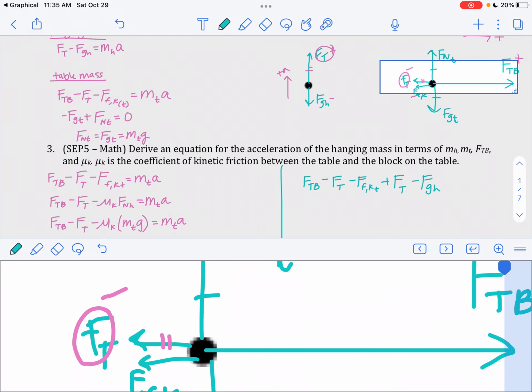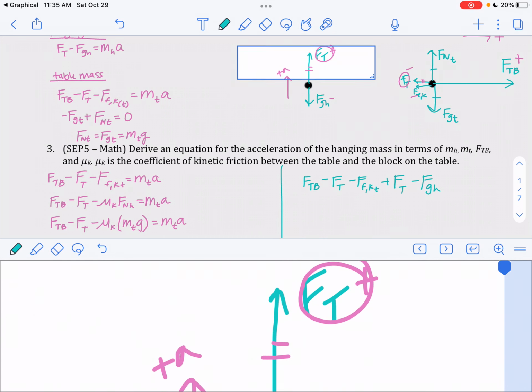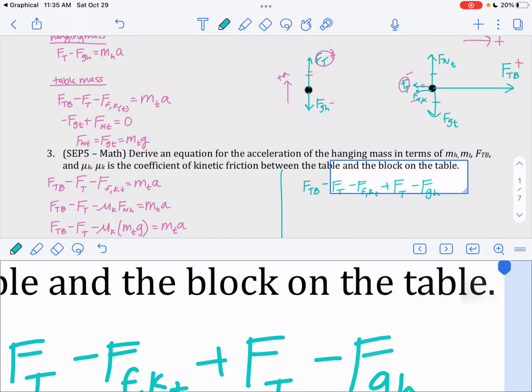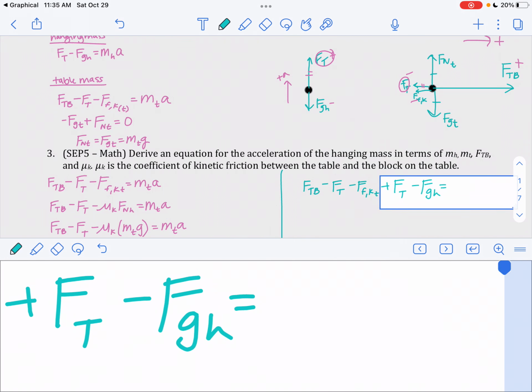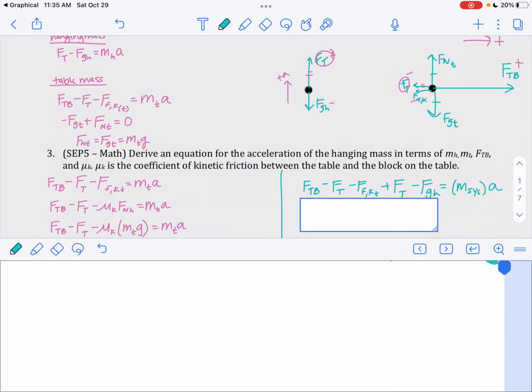So I just did Ftb minus Ft minus force of friction, and then these are acting along the axis of acceleration as well, so Ft minus Fgh. And then remember, this is for my system, so that's the mass of my system times acceleration. It's really important to label your masses.